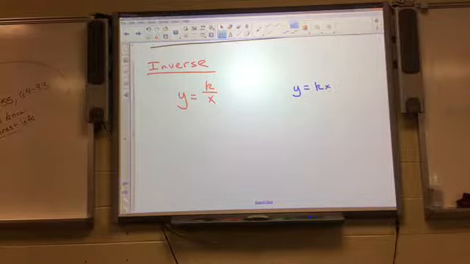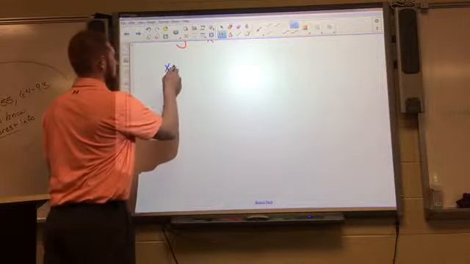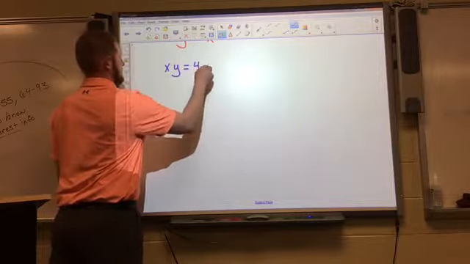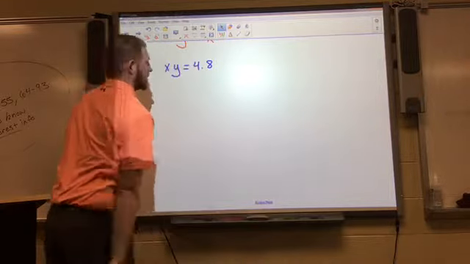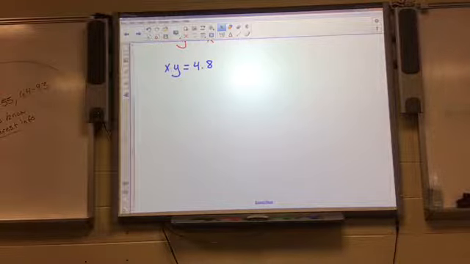Where's my example at? There we go. I have x, y equals 4.8. We have to decide, is that inverse, direct, or neither? I've heard all three answers. I'm going to tell you that Brody's is right with inverse.